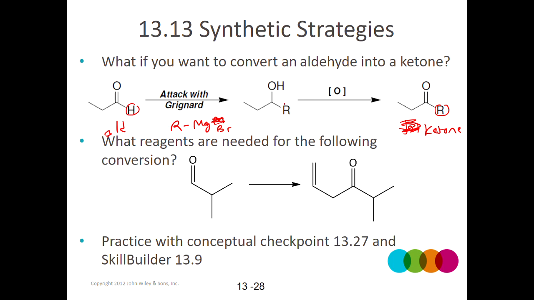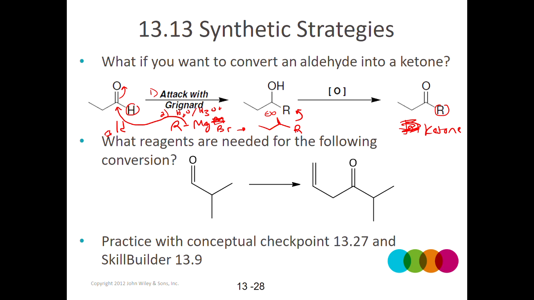Whatever that R group is, maybe a methyl or ethyl, I would have that connected to magnesium. It would pull the electrons away from the magnesium and push these electrons up. And that would introduce the R group. Then in a second step, I would add water and potentially H3O plus to protonate that oxygen and convert it into an alcohol.